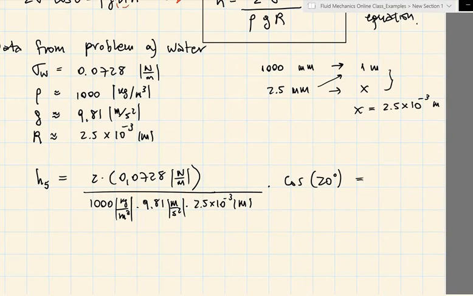Okay, 2 times 0.0728 divided by 1,000, divided by 9.81, divided by 2.5 times 10 to the minus 3, times cosine of 20 degrees. Remember, your calculator has to be in degrees and not in radians. This is a common mistake. We don't want to make that mistake, even worse if you do it in the test. So be careful with this.